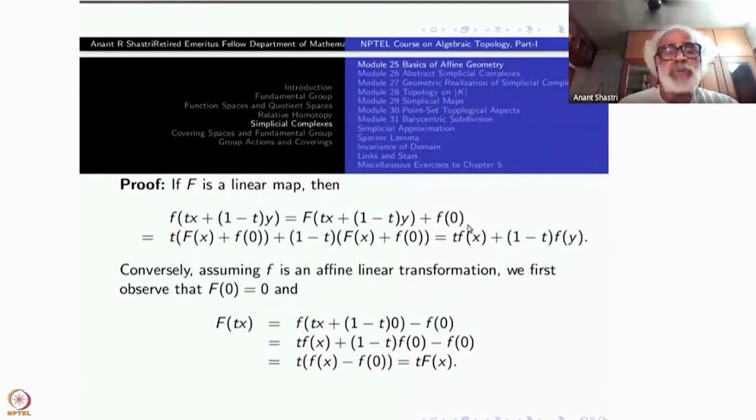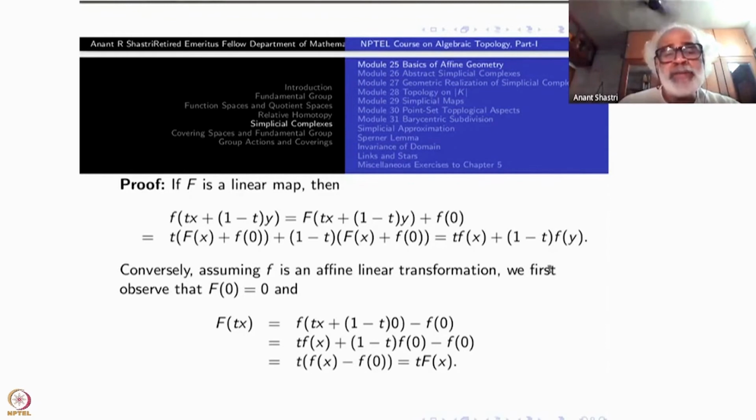So I add f0. Now this is linear, is given, right? So it will be t times Fx plus f0, I can add, (1 minus t) times Fy plus f0, I can add. So (1 minus t) times fx, (1 minus t) times fx I have subtracted. But this is nothing but now little fx, little fy.